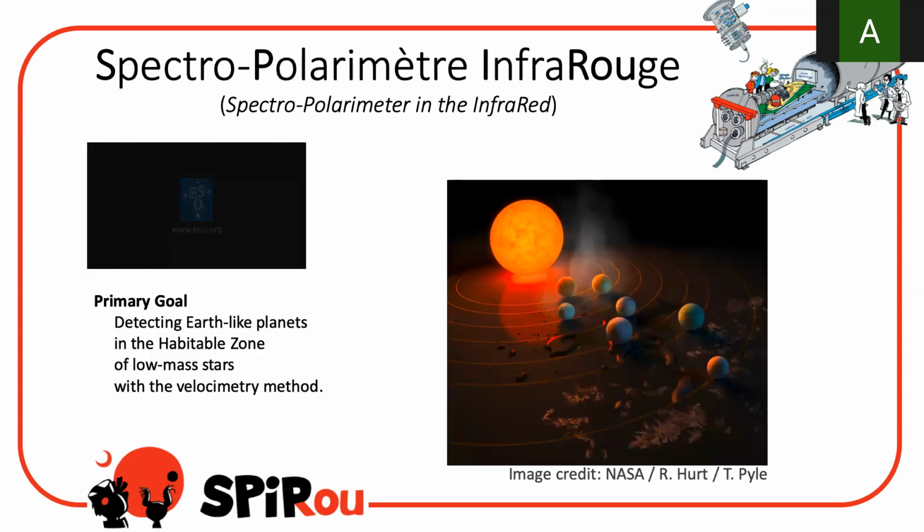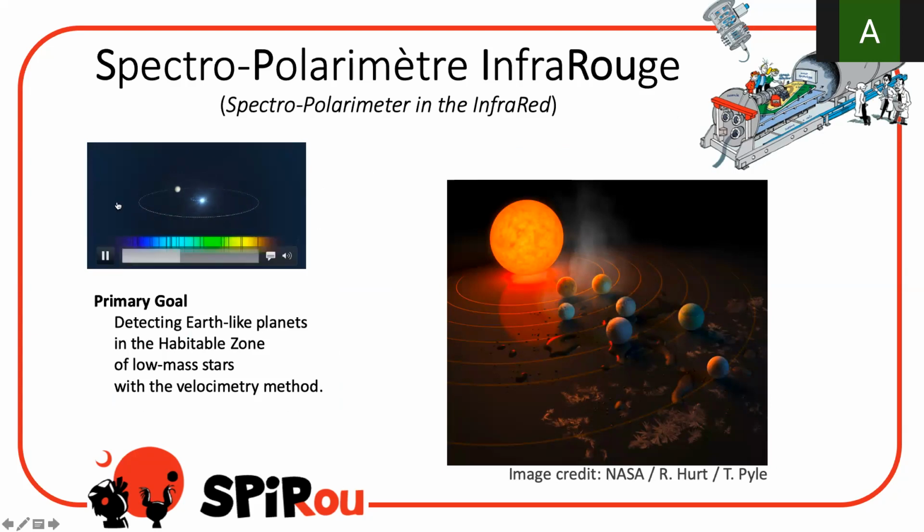Spirou's main goal is to detect Earth-like planets in the habitable zone of low-mass stars with the velocimetry method. This is what I'm showing here. You want to measure the reflex motion of the star due to the planet and see the Doppler shift in the lines to detect the planet. Here is just an example of the type of star Spirou is made for: the TRAPPIST system.